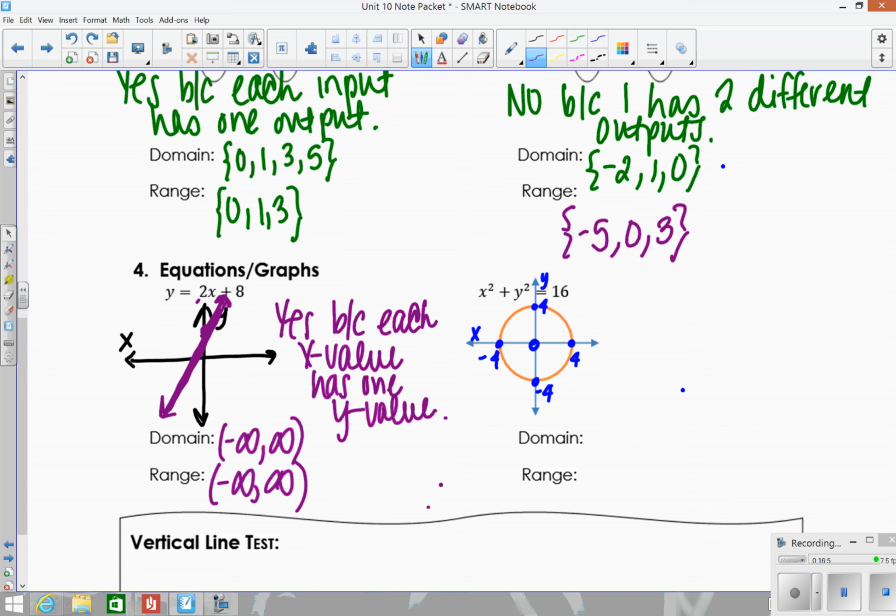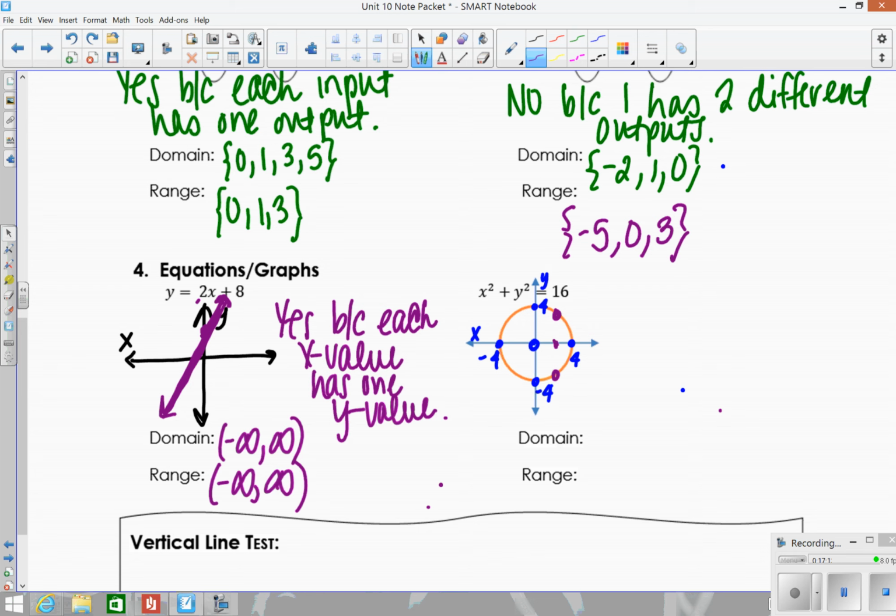So let's pretend I consider x equals 4. So x equals 4, there's only one y value, the y value is 0. But let's pretend I consider this x value of 3. So at that point, there's a y value up here, and there's a y value down here.